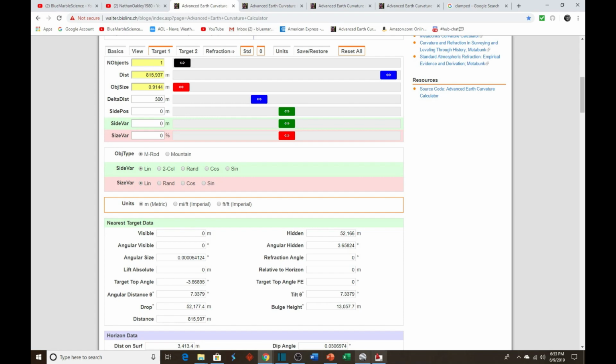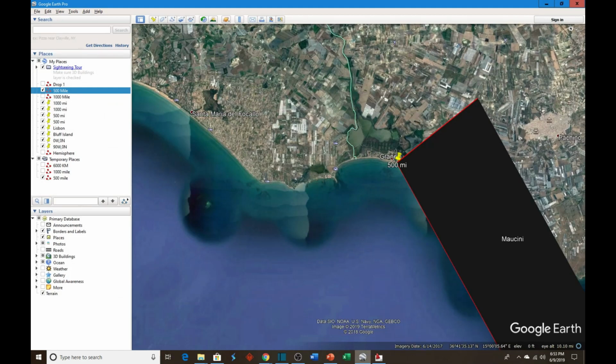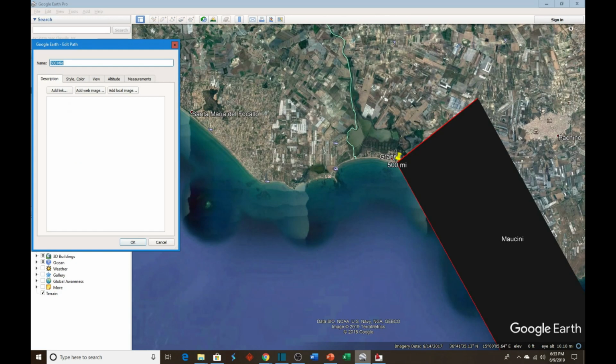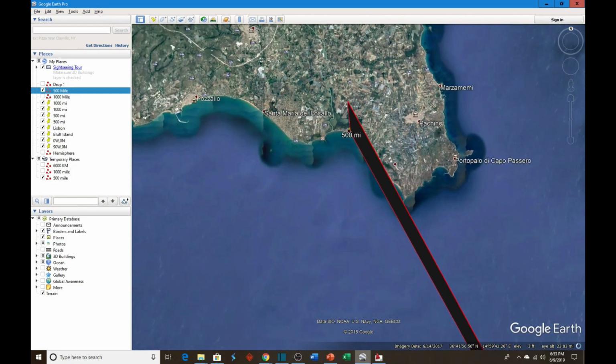So what do we have our model set for? Let's check. Properties, altitude, 13,057 meters.